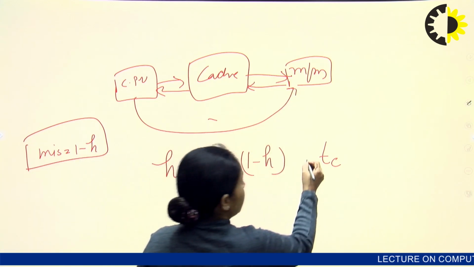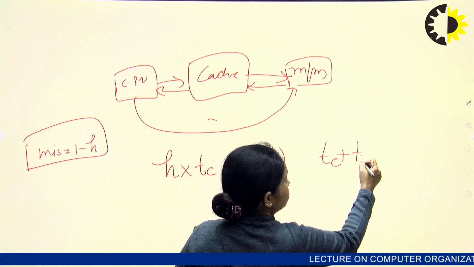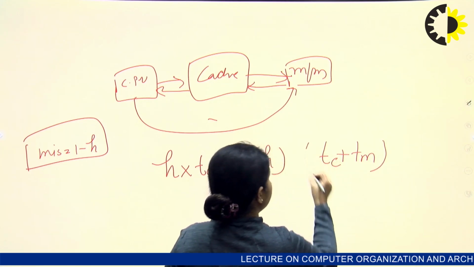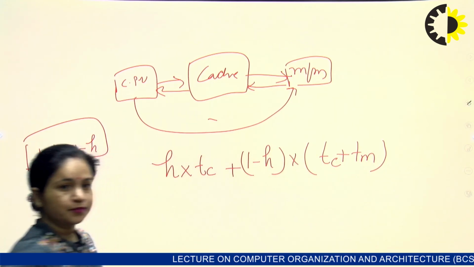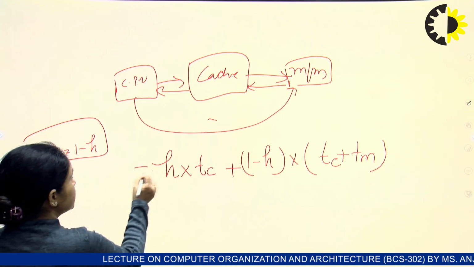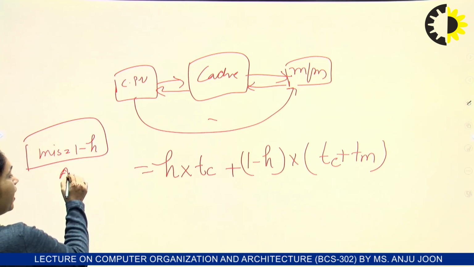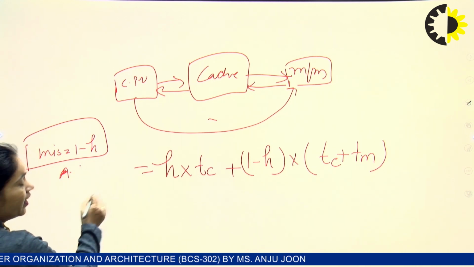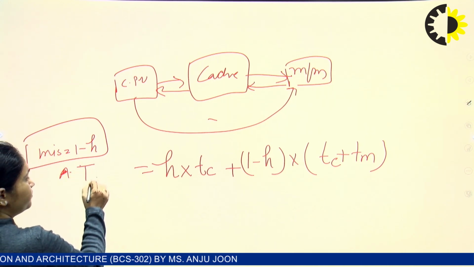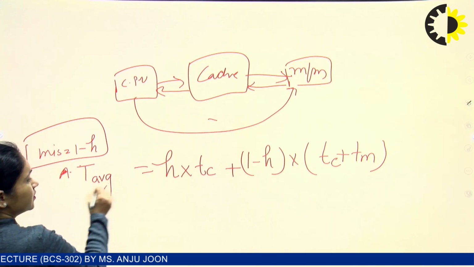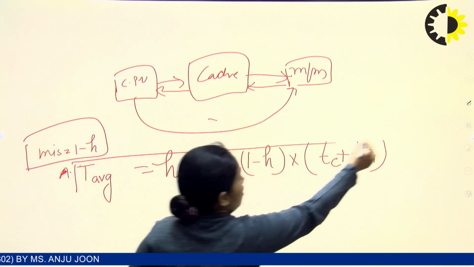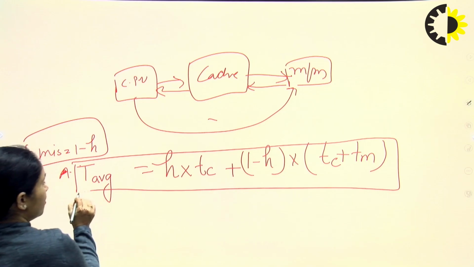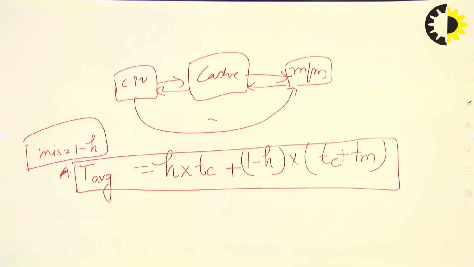So it will be added. That is TM. And this is the formula of the average access time of cache memory.